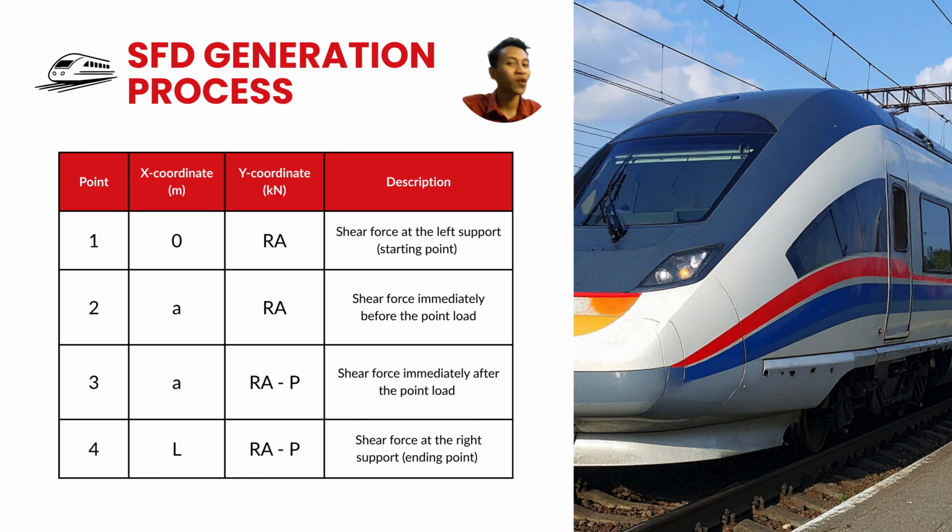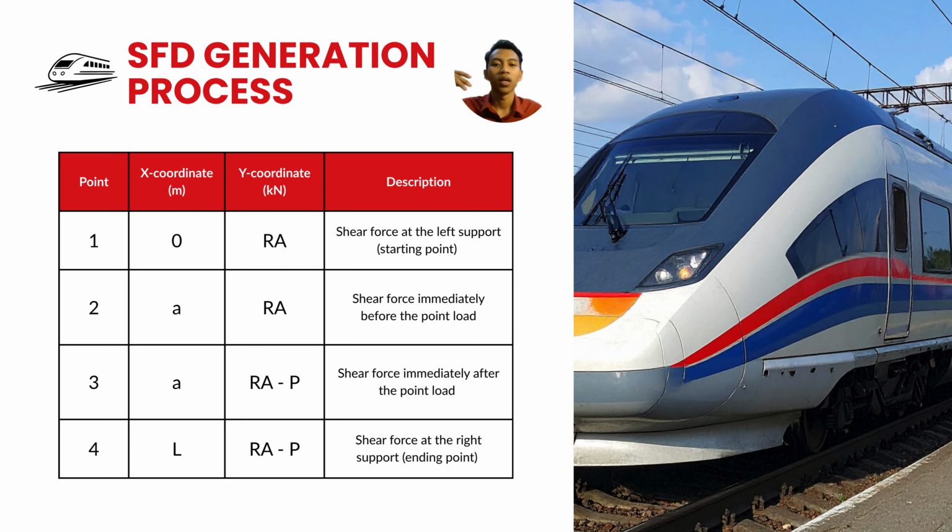Next, I would like to explain about the shear force diagram, SFD, generation process. As we know, we split it at 4 points. At the first point, the x coordinate is 0 and the y coordinate is RA.